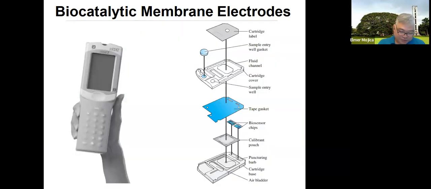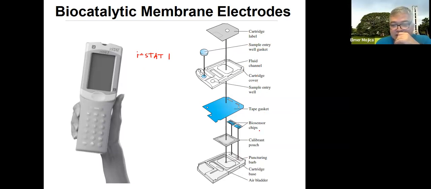And if you're going to look at some of the examples that they have, so we could say this is what? An i-STAT 1 portable clinical analyzer. So if you're going to break them down, this is how it looks like. So there's a cartridge lid, a sample entry well, a gasket, a fluid channel, okay?